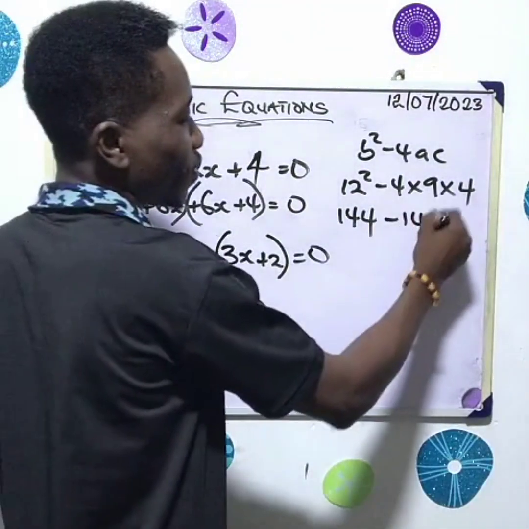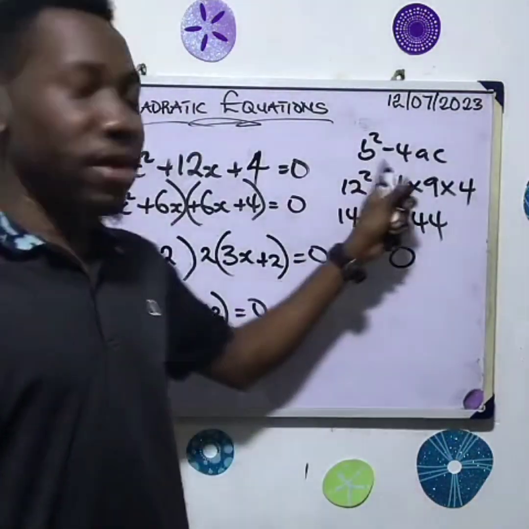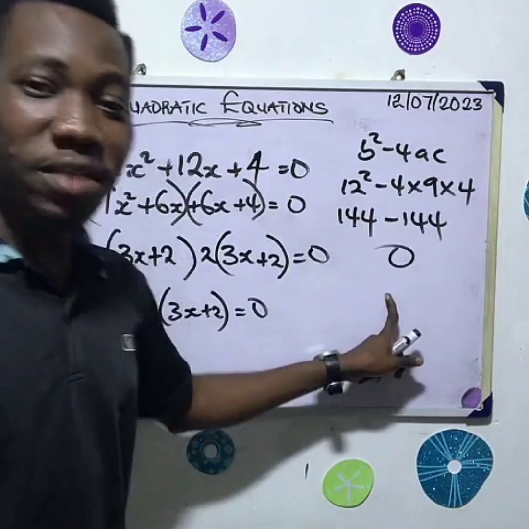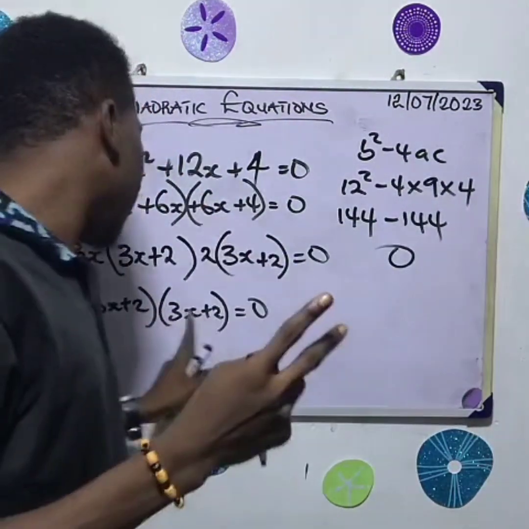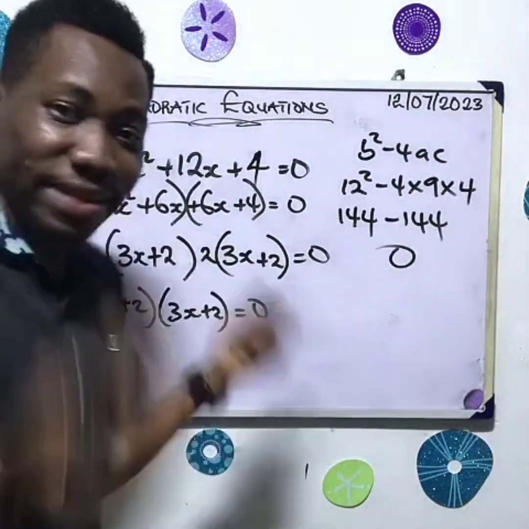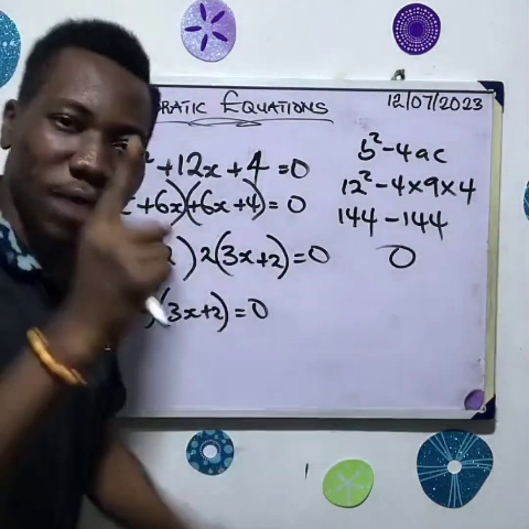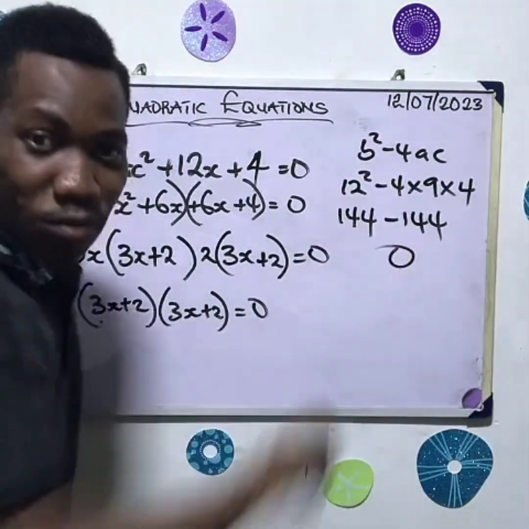So you see, 144 minus 144 is 0. And as I said, whenever this gives you 0, it means it will give you two values that are the same. In other words, you're going to have one answer.